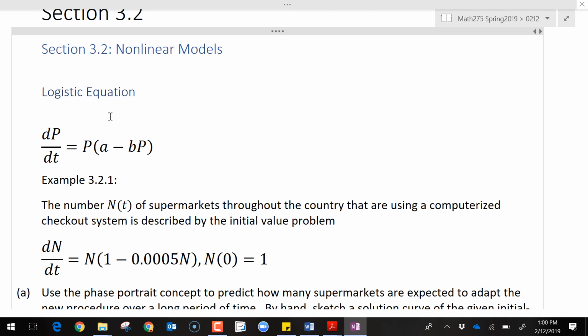So let's take a look at a first example of a nonlinear model, which would be the logistic equation. It's similar to Newton's law of cooling, except there's a P. Do you guys know what logistic equations look like graphically? They use logistic equations in general to do population growth.